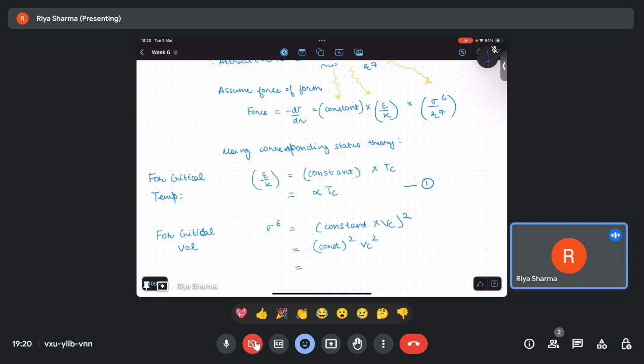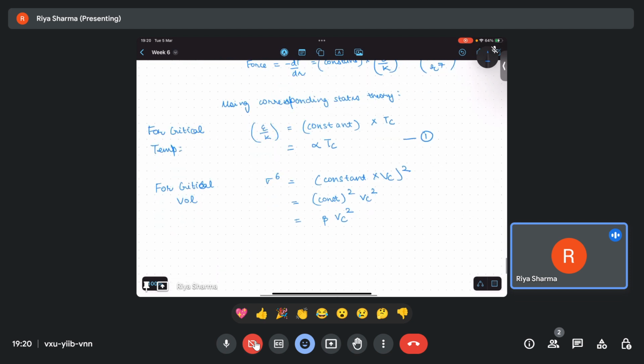I'll say this is beta into Vc squared. Here alpha and beta are universal constants.